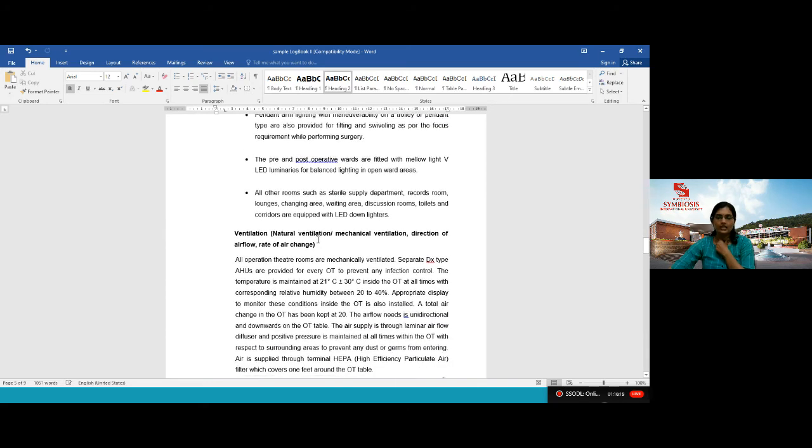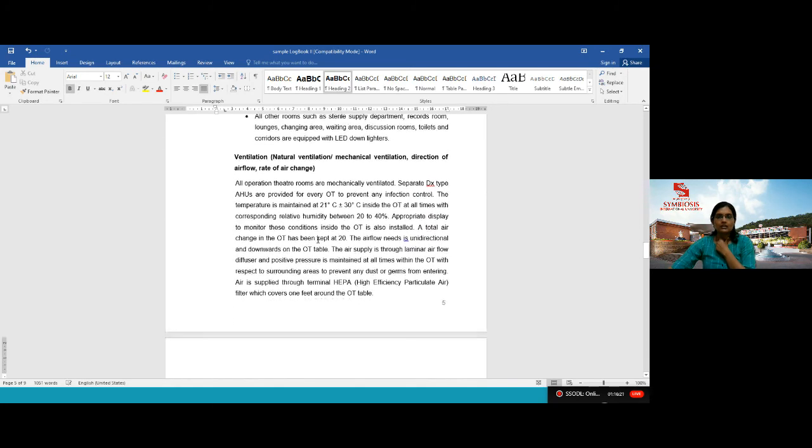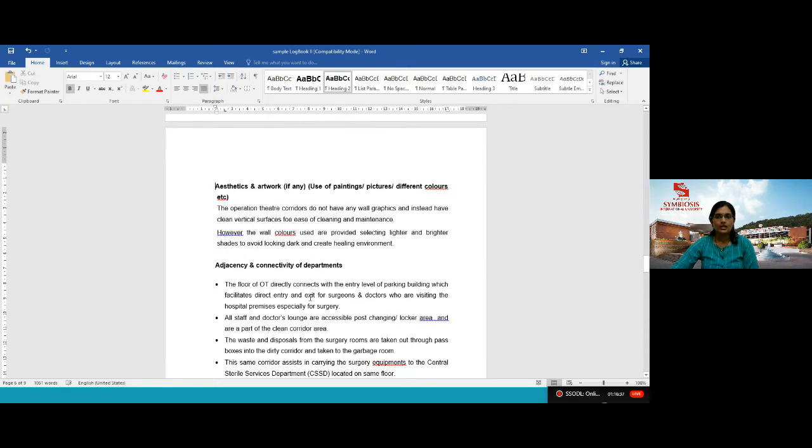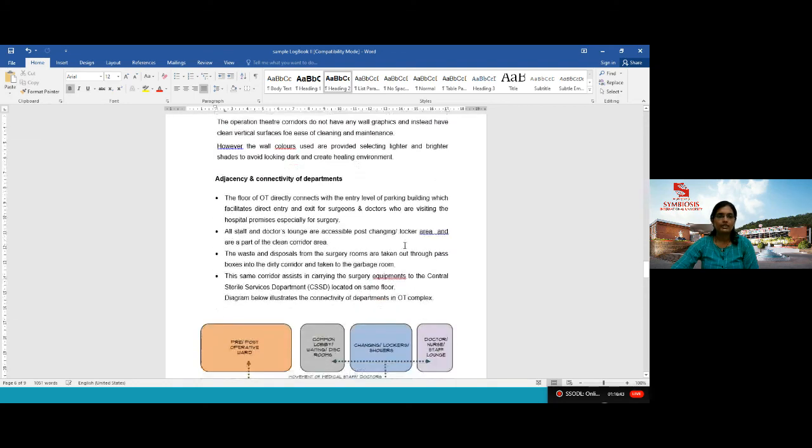This we can highlight here. Then ventilation: we can mention the HEPA filters, the air pressure, and the air changes per hour. Then aesthetics and artwork, wall colors and so on. If they are used, we have to write them.